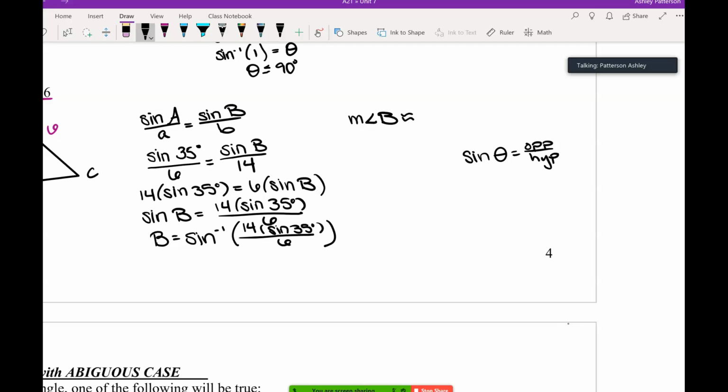Yeah, right? Okay, so if the hypotenuse is always the longest side, interesting, I have a fraction where the denominator is always the longest side, so what number can this fraction never be greater than?